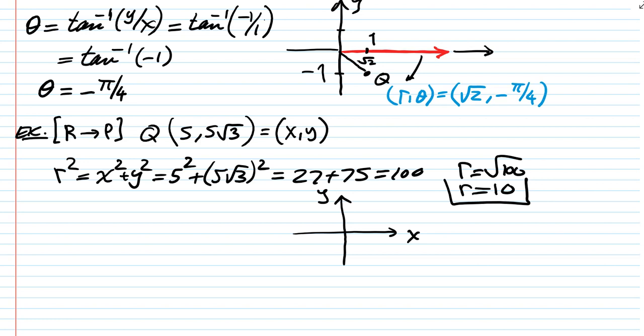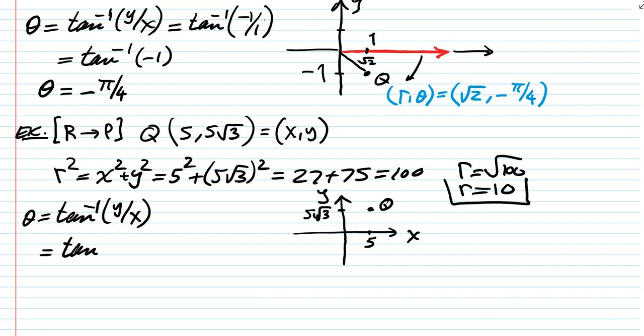Now 5 root 3, let's say this is 5 root 3, so the point is actually in the first quadrant. Therefore, when I go theta as arctangent of y over x, I don't need to add pi to it.